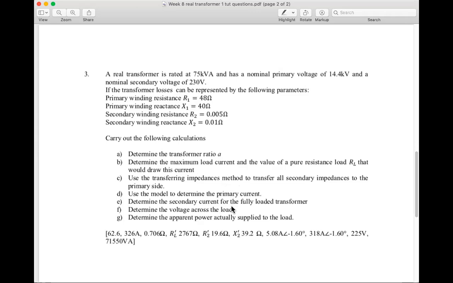Find the primary current, secondary current for full load, voltage across the load, which we know as the secondary voltage, and the apparent power.